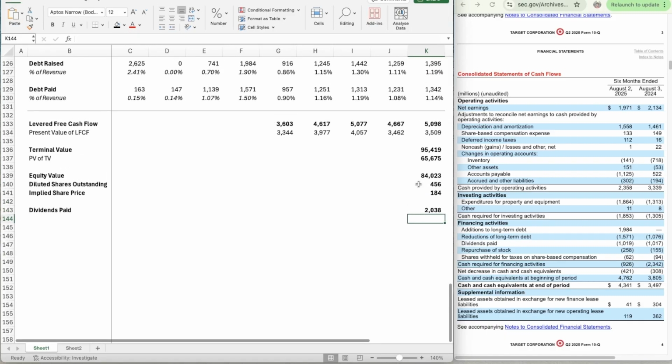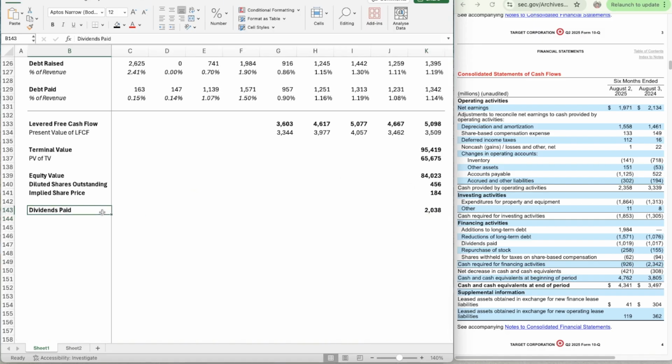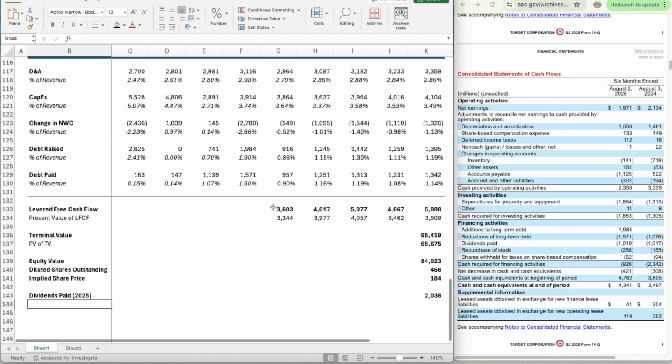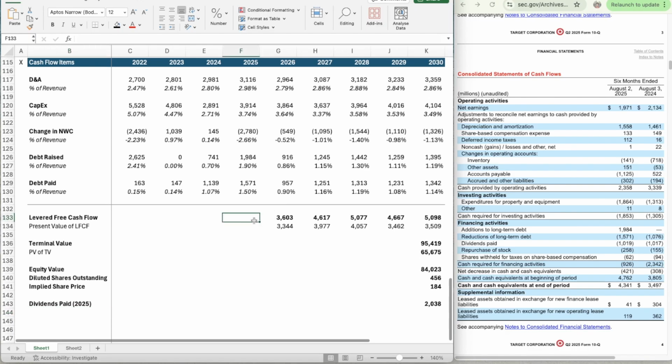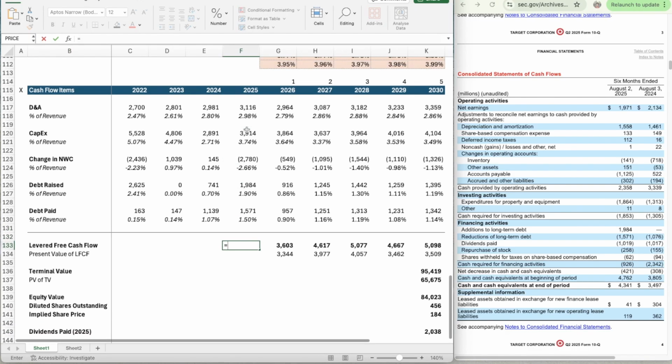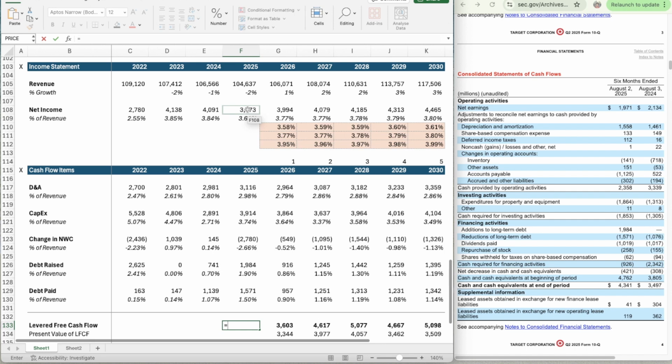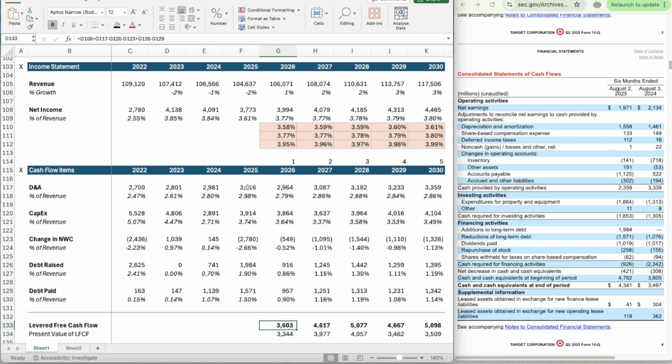and if we forecast it for, we'll say 2025, let's work out what free cash flow generated for 2025 is. Maybe I can just do that.